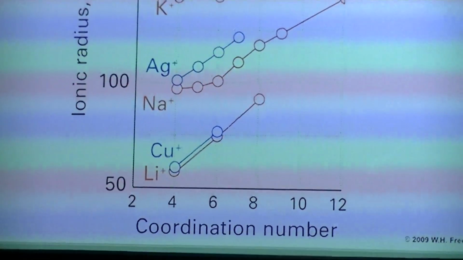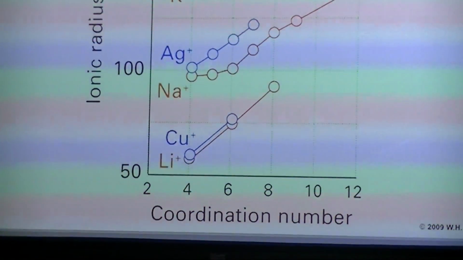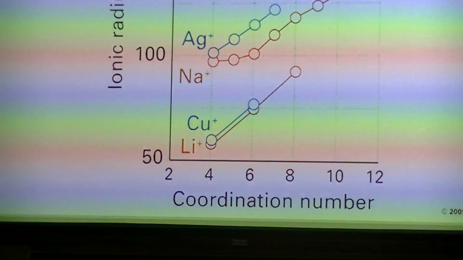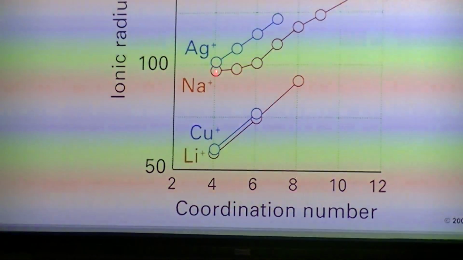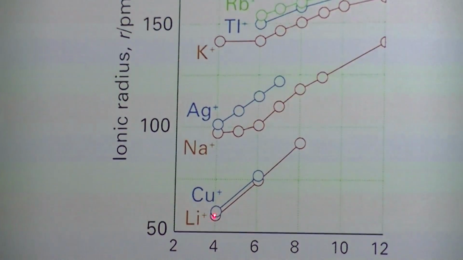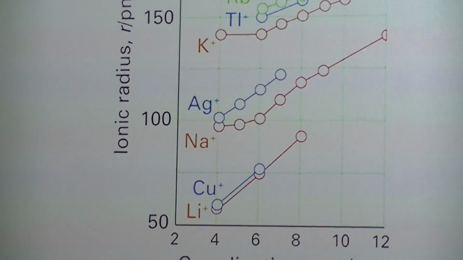What happens if I go down the periodic table in the same group? It's bigger. The ionic radius is going to increase. And you can see here, there's lithium, sodium, potassium. You go down the periodic table, the ionic radii increase.